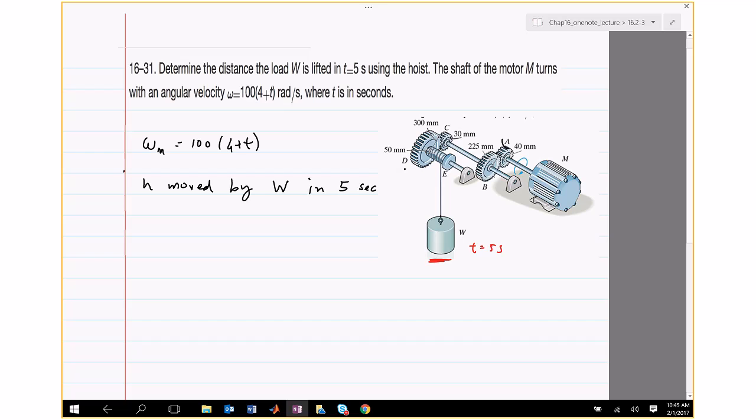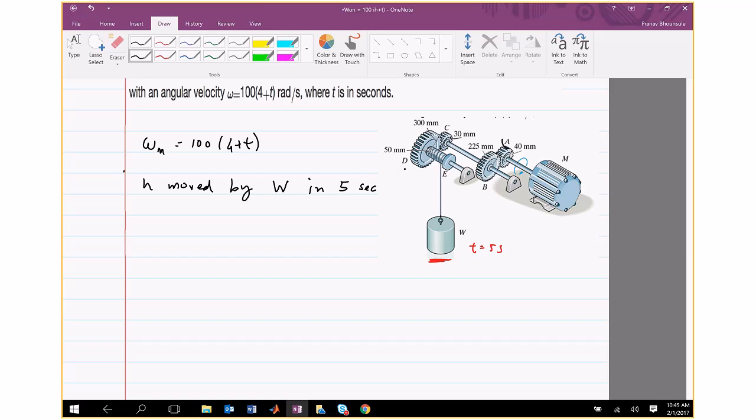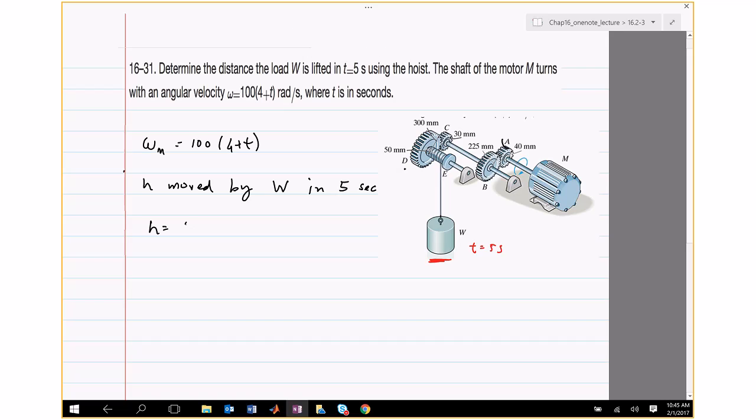So if I can find the angle by which E has turned in 5 seconds, then I can find the distance moved by W. It's simply going to be the angle turned by E times the radius of E, which is 0.05 meters. So what I'm after is h equals angle turned by E times the radius of E.